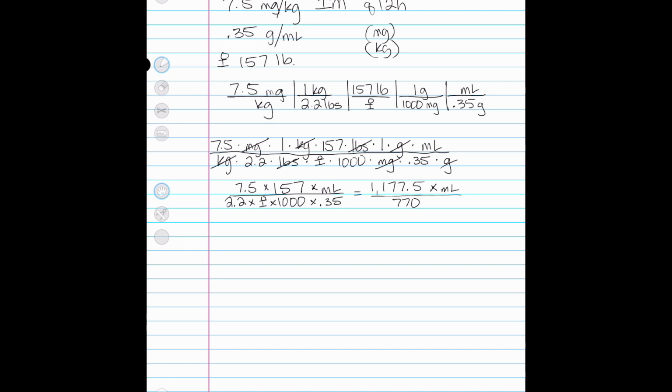The little dude is the same as a 1, so you can just disregard the little dude. And you're going to have 1177.5 divided by 770. And the answer is 1.529 milliliters. And it's probably going to round us to the tenth, so we'll do 1.5 milliliters.